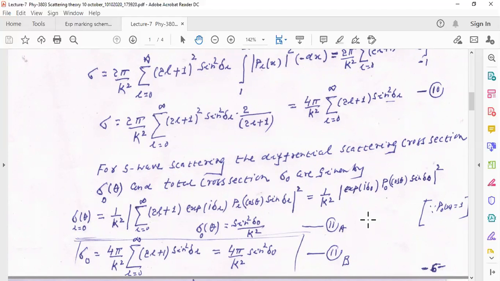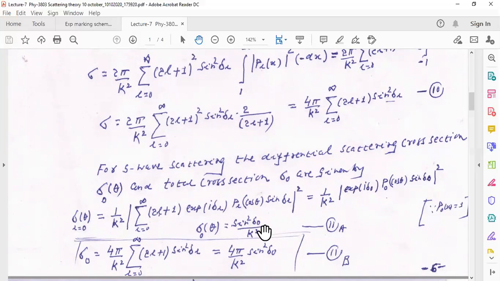So e to the power of i theta into e to the power of minus i theta becomes e to the power of 0, and e to the power of 0 is 1. So that term gives you a contribution of 1. P0 of cos theta is 1. So it is sine square delta 0 divided by k square. You see, this is your sigma 0 of theta.